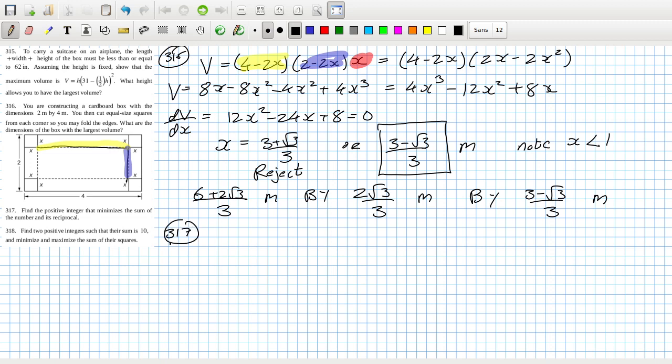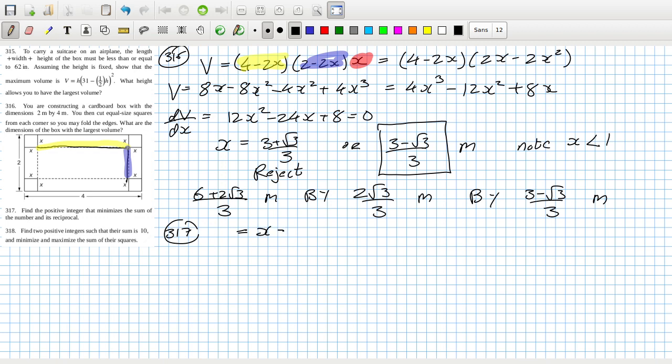317. Find the positive integer that minimizes the sum of the number and its reciprocal.